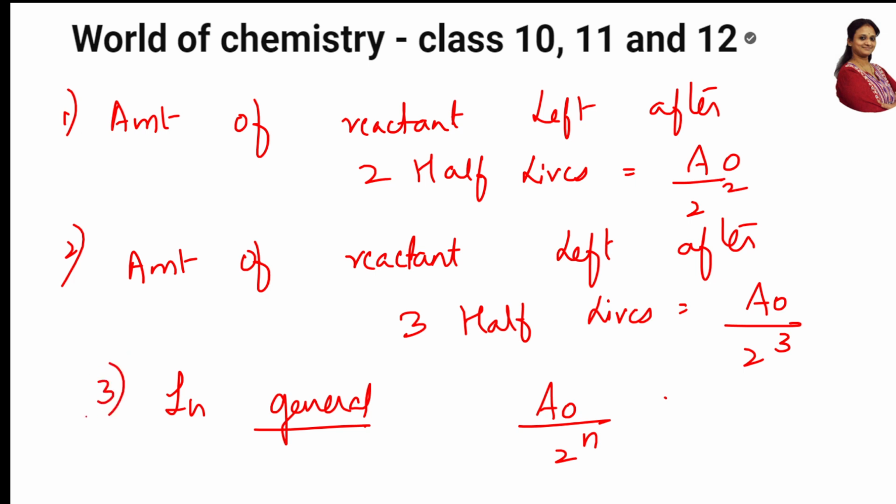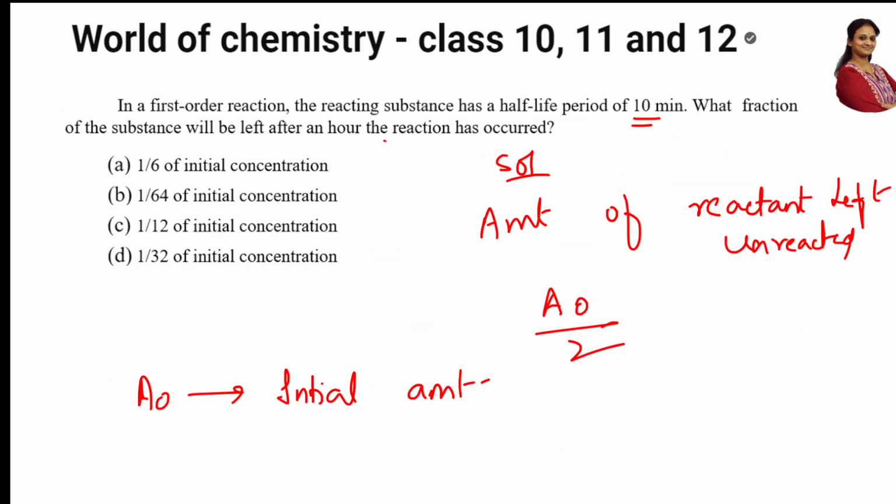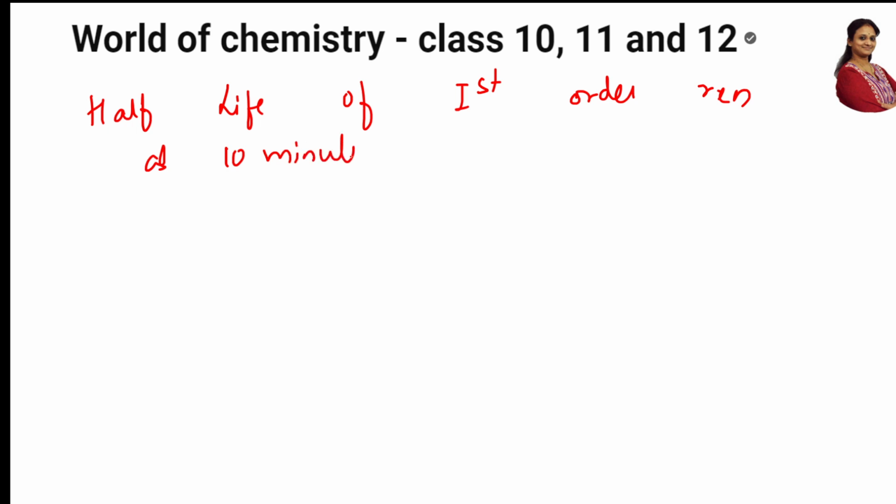Now what did they say? They said the half-life of the first order reaction is 10 minutes. See here, you can only read the question. First order reaction substance has a half-life period of 10 minutes. So what am I writing? Half-life of first order reaction is 10 minutes.